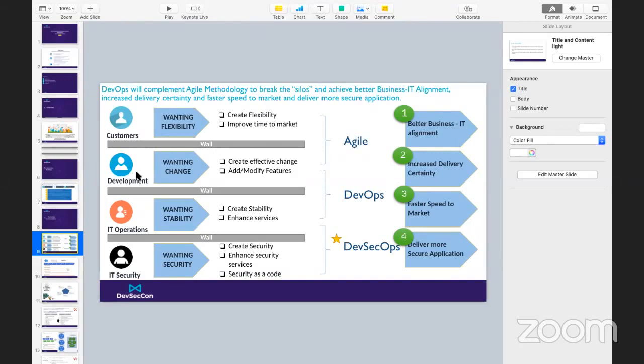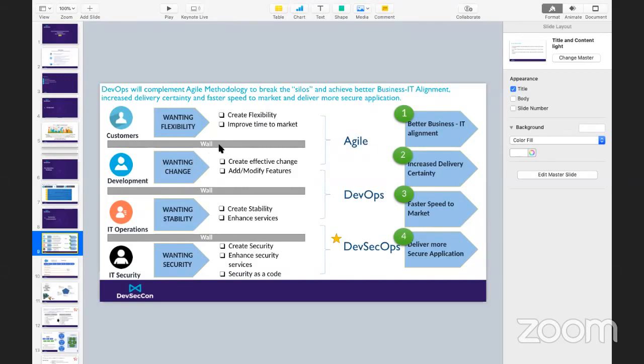And how about the development team? The development team only wants some change, so they create effective change and add and modify features. If you see agile development, they combine customer and development.